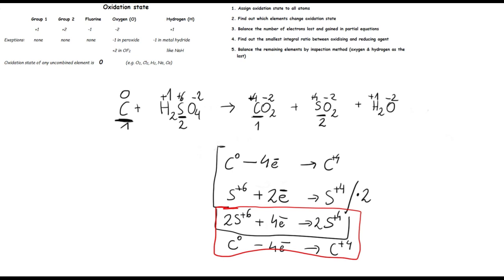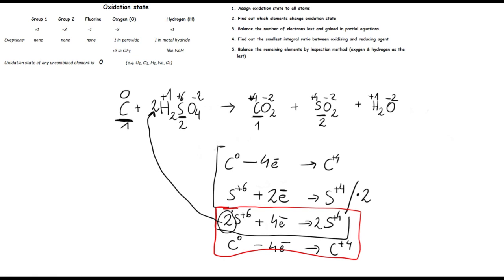And we may see now that the partial equations are balanced, as sulfur is gaining 4 electrons and carbon is losing 4 electrons. So what to do next? That number 2, which actually appears here now after balancing the partial equation, must appear here as well.